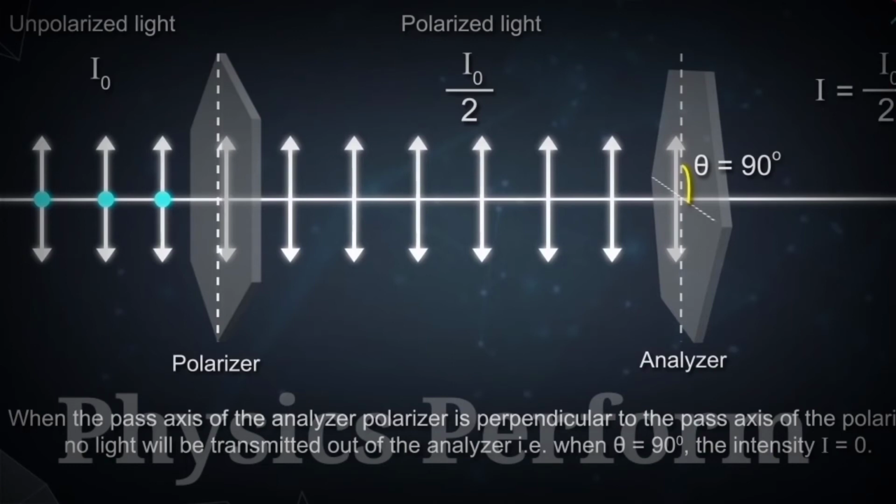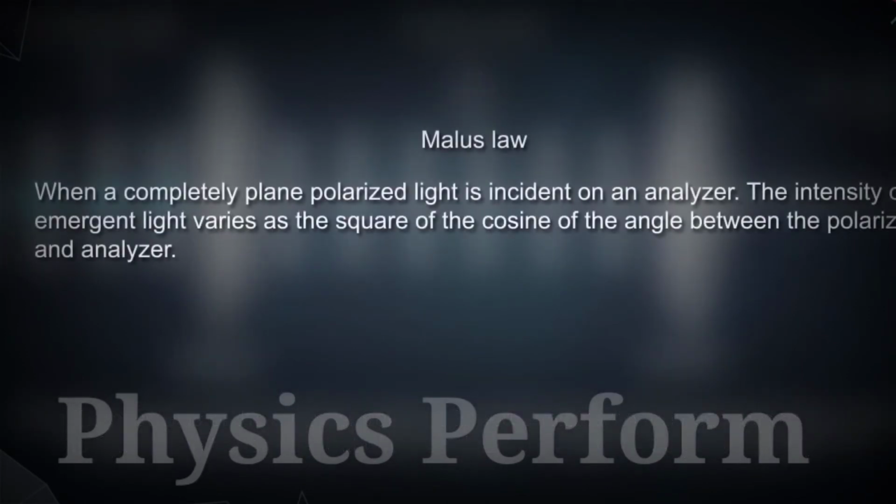Now, Malus law states that when a completely plane polarized light is incident on an analyzer, the intensity of emergent light varies as the square of the cosine of the angle between the polarizer and analyzer. That is, I = I0 cos² theta.